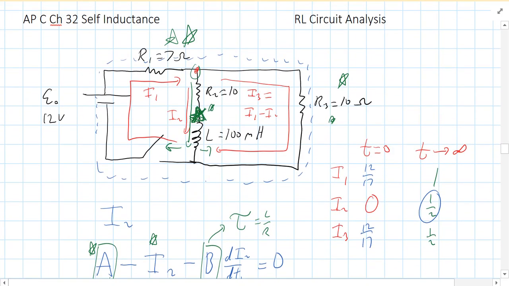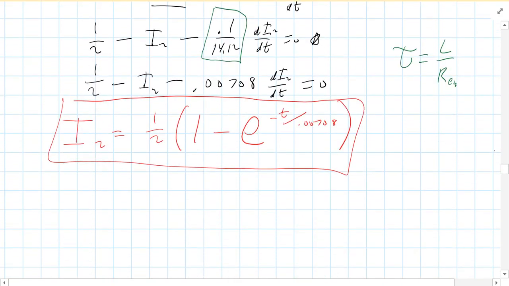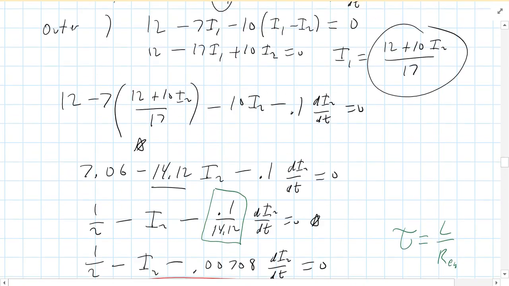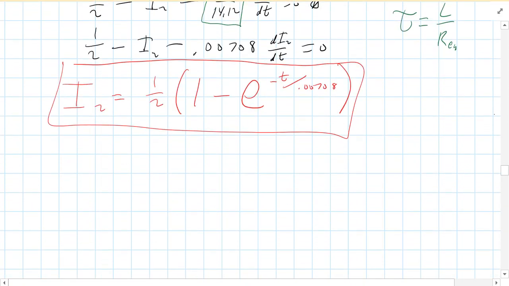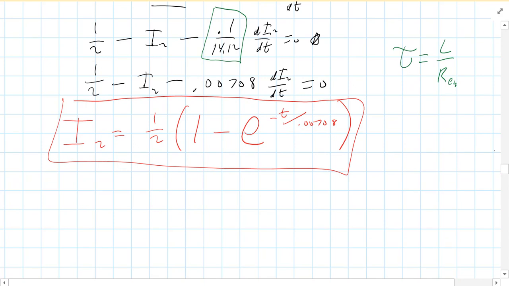So if you have a fairly simple circuit like this, where the current either goes this way or this way for the inductor, then you just figure out the REQ for the inductor, and that's the REQ that goes down here. So you could literally write this answer down without doing all the loops and stuff. This is what I would call a super shortcut.